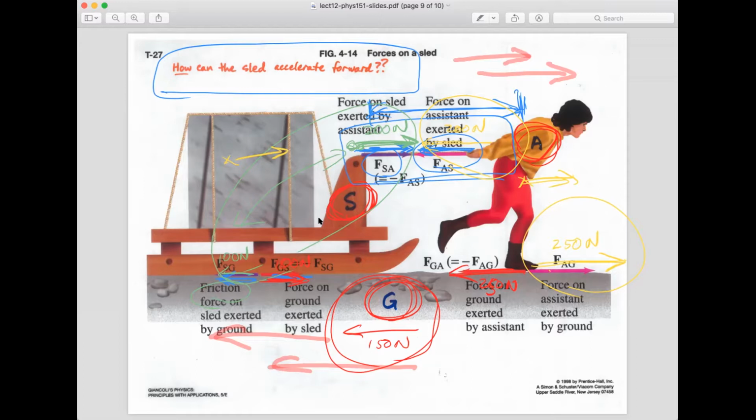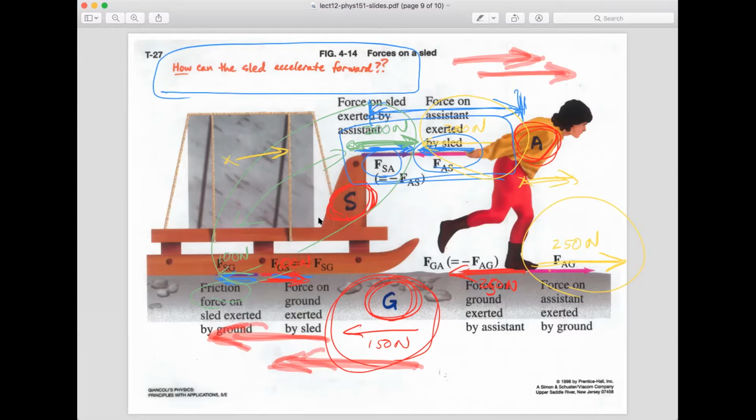Then the rowboat or the skateboard will move in the opposite direction at the same time because the net force is backward. And if this were a really tiny little planet, then the planet would actually have a net force in the backward direction and accelerate in the backward direction. So if this planet were at rest to start with, not spinning, then as the assistant and the sled try and move to the right, the planet will start to rotate to the left until they stop, and then the planet will stop as well.